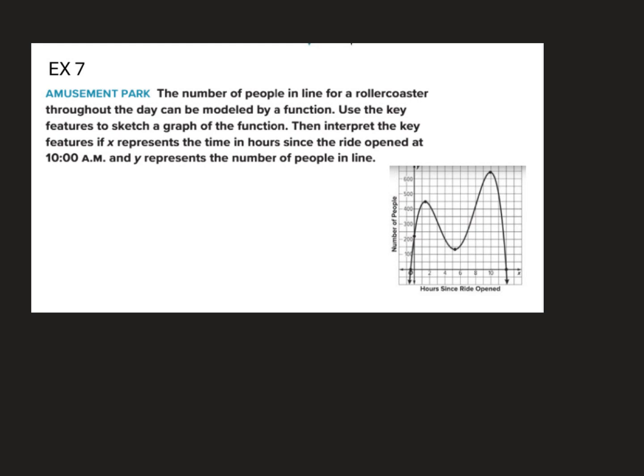This graph is positive from, and let's write this down, positive from x equals -0.5 to x equals 12, because as I look from -0.5 to 12, this whole graph is positive. So I'm going to put that.